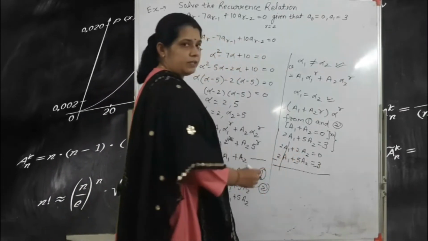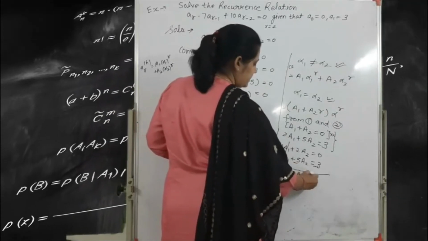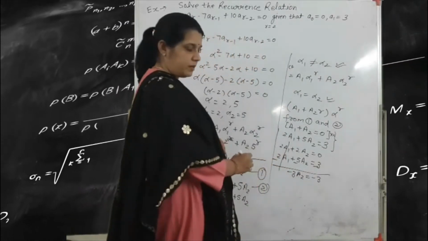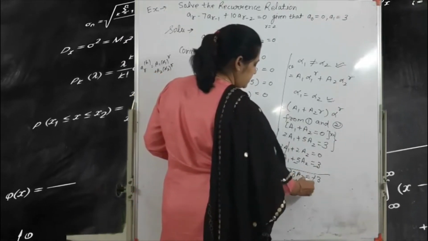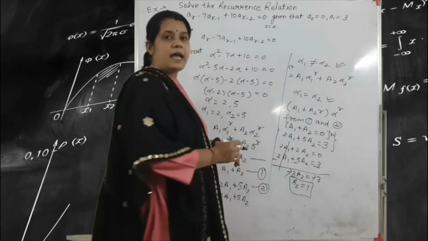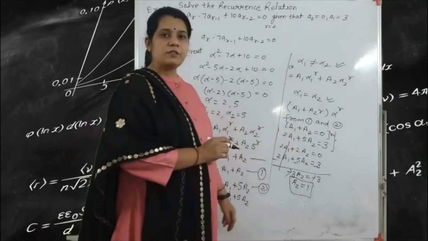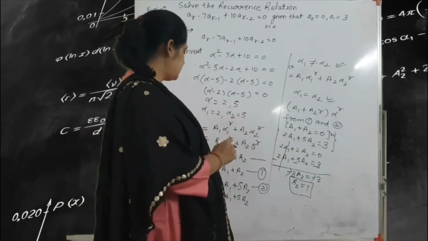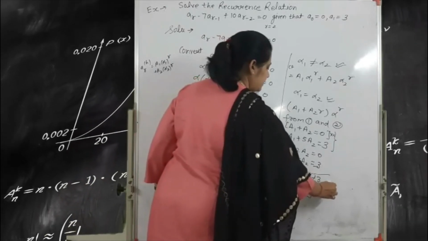So A1 cancels, and we get minus 3A2 is equal to minus 3. So A2 is equal to 1. And if A2 is equal to 1, then A1 is equal to minus 1.